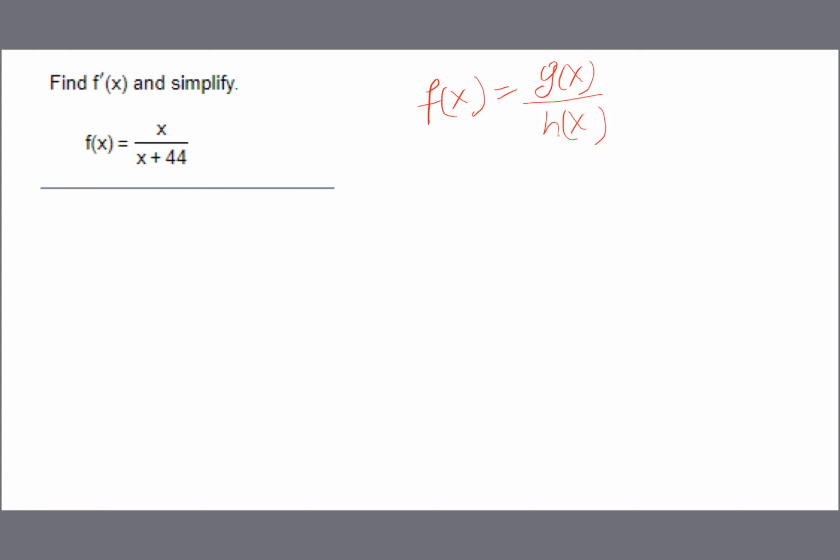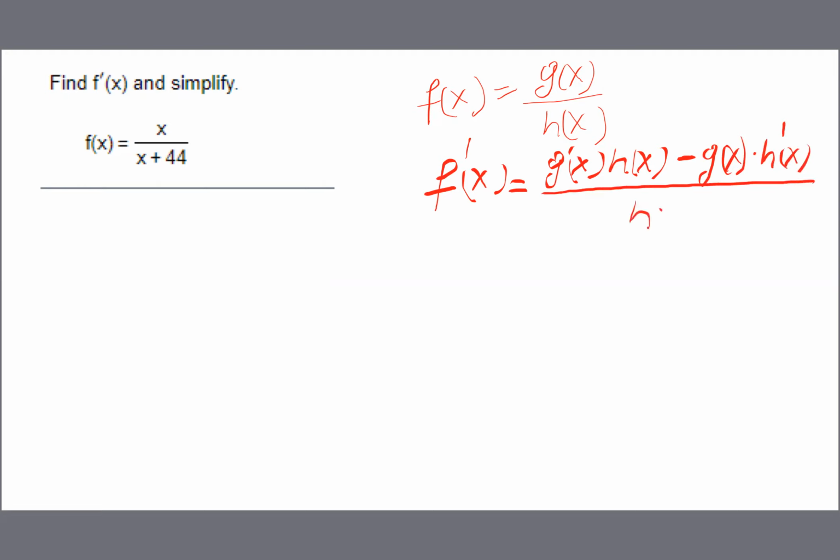The quotient rule is f prime of x equals g prime of x times h of x minus g of x times h prime of x all over h of x squared. So notice that this is kind of similar to the product rule. The difference is that we're going to subtract the second term and then square the denominator.